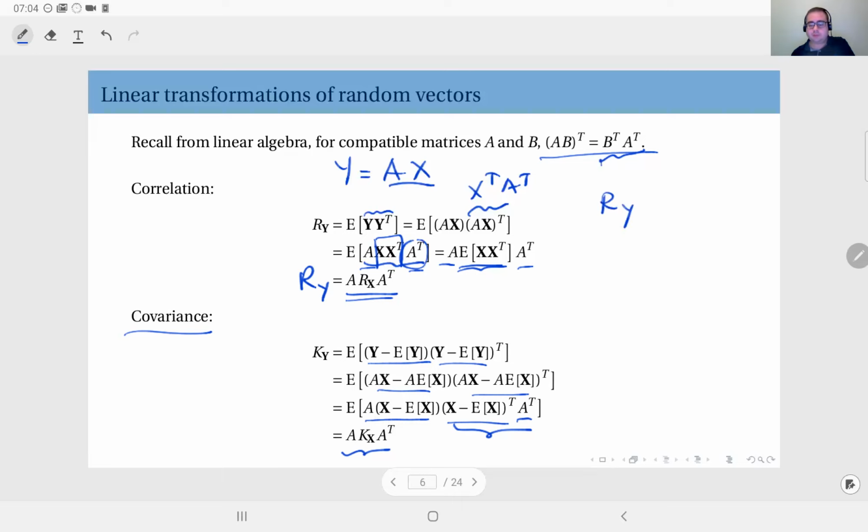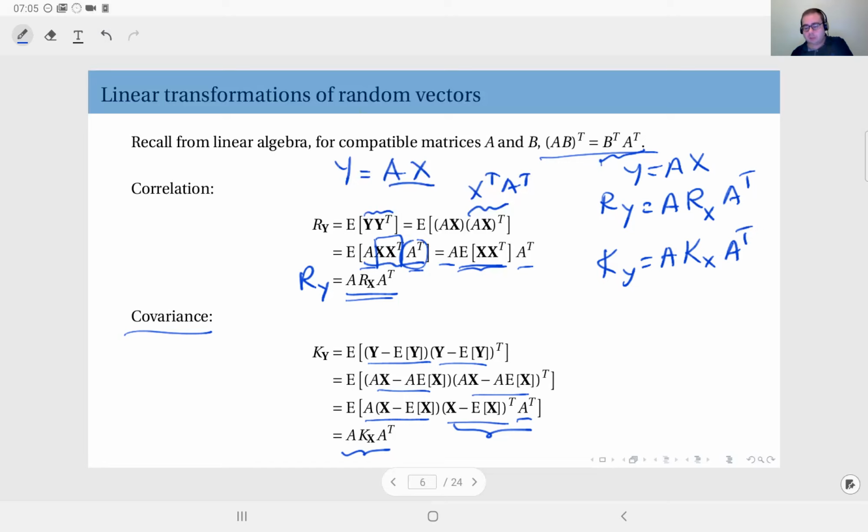So in general, the correlation matrix of y, where y is defined as A times x, is given by A times the correlation matrix of x times A transpose, and the covariance matrix of y is given by A times the covariance matrix of x times A transpose. You'll have to be careful about where you put the transpose.